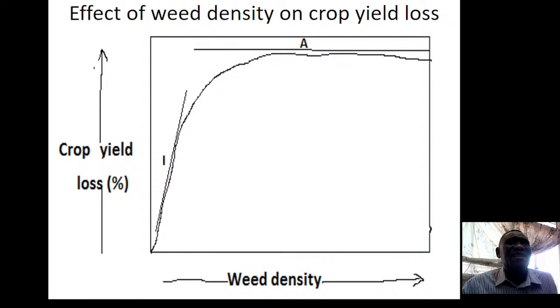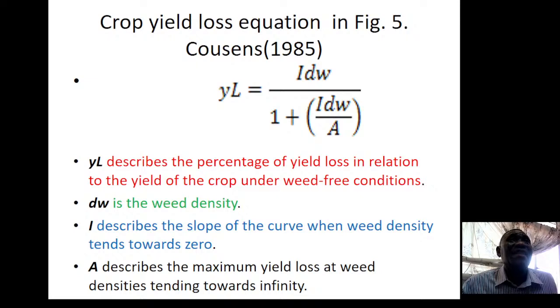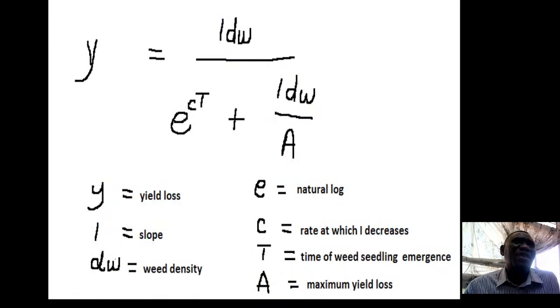The slope is I, A is maximum yield loss. And that is the equation which was proposed by Cousens, and we said that there will be a problem in the equation if weed emergence occurs earlier than the crop, and that had to be corrected by that logarithm, which I have actually explained.